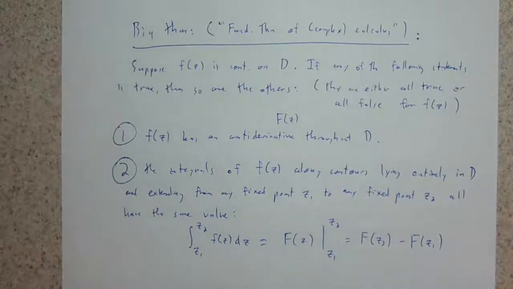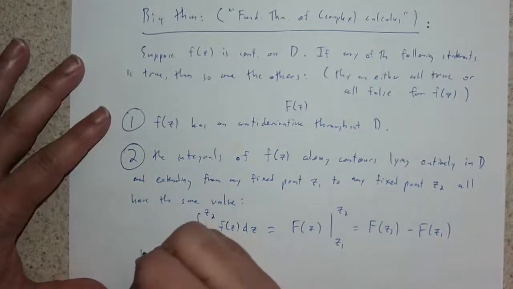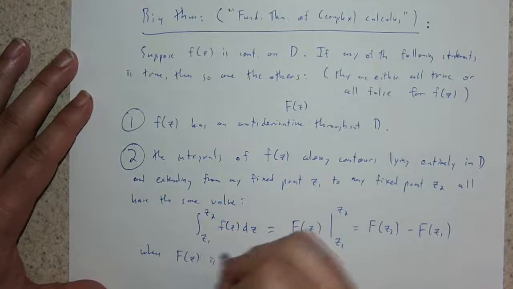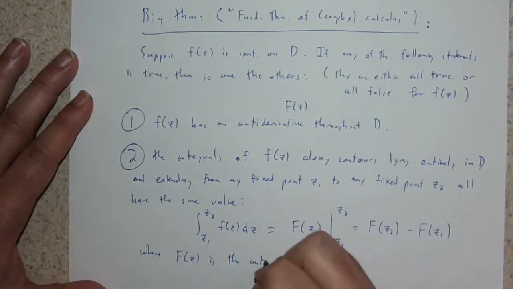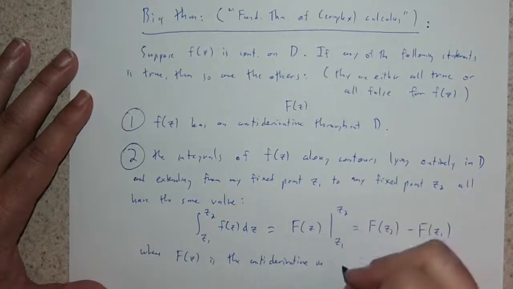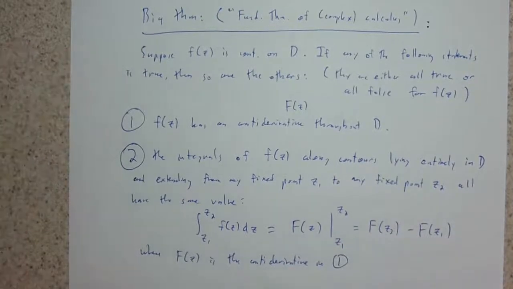This is exactly the fundamental theorem of calculus, if we are not talking about complex valued functions and this is an integral in the Calc 1 sense, where big F of z is the antiderivative in statement 1.